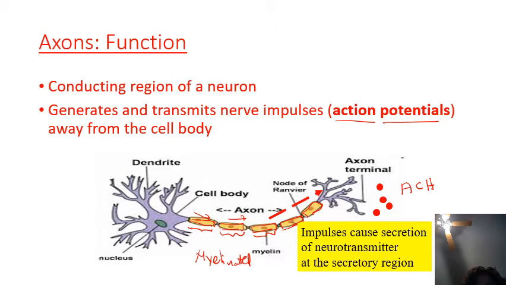In between the myelin sheath are regions that lack myelination called nodes of Ranvier.